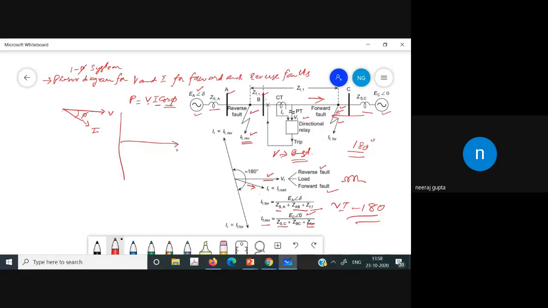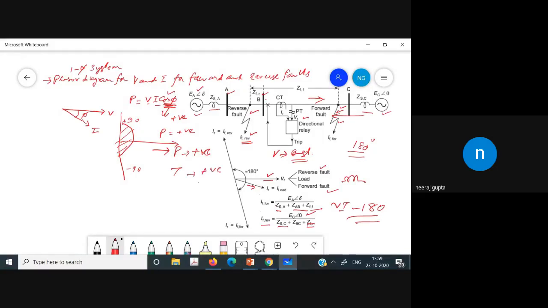Now, let us suppose that we have positive power, and it can be obtained if cos phi is positive, and cos phi is positive between plus 90 degrees and minus 90 degrees. So this is the area in which cos phi is positive, and in this area the power is positive, and as a result the torque is also positive.